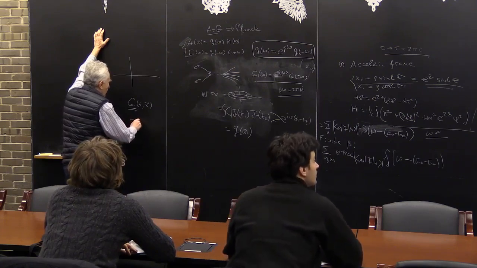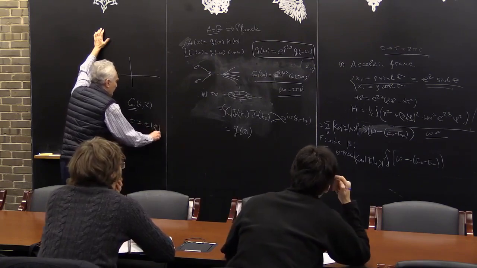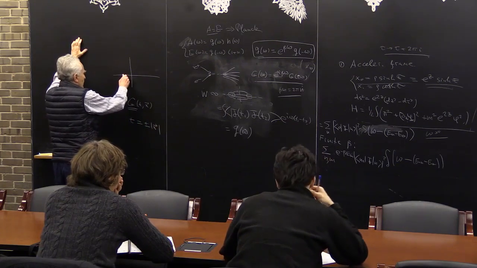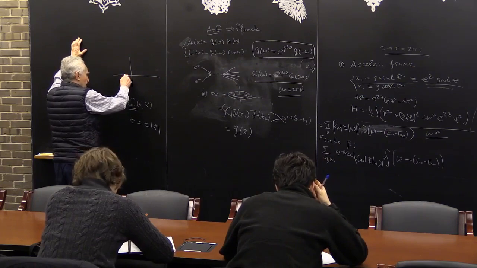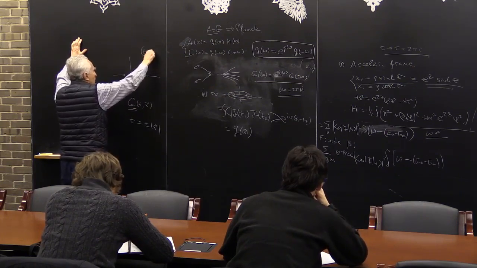Of course, we have singularities on the light cone at these points. So you have, generally speaking, branch cuts or poles. It's a complex plane of time.